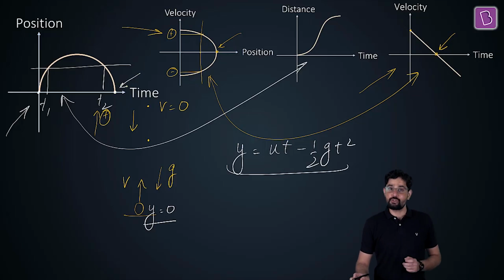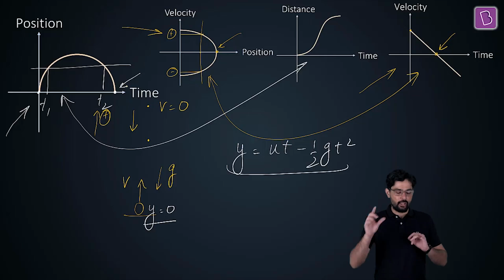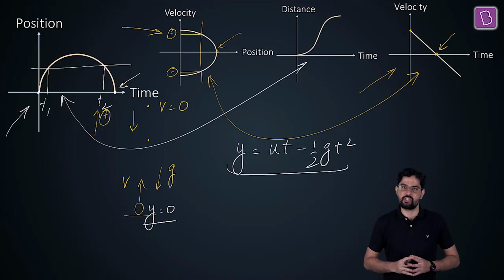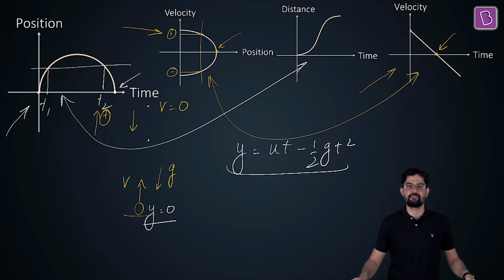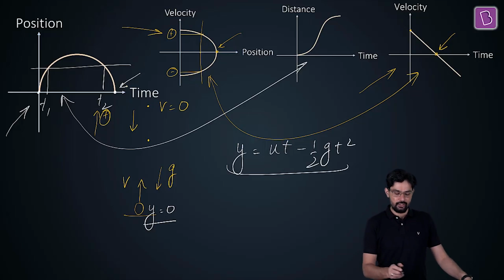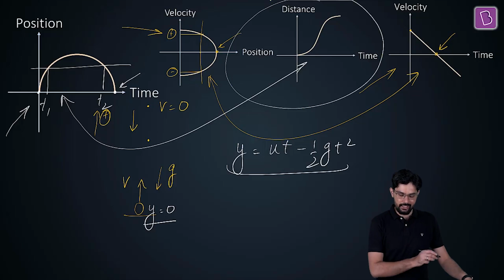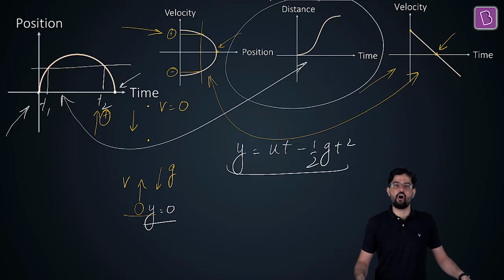So this graph also makes sense and corresponds to the same motion, right? This leaves us with this one as the incorrect depiction of this motion.